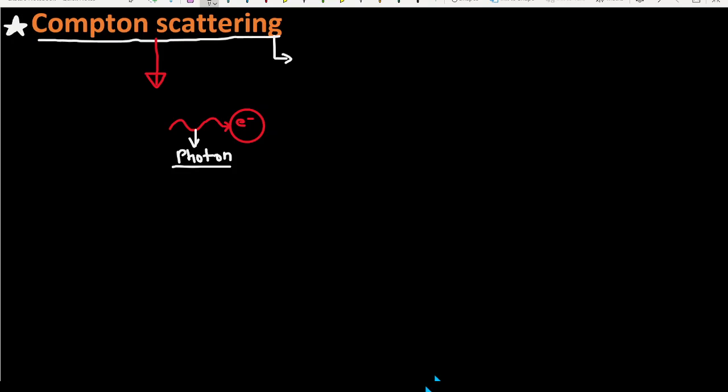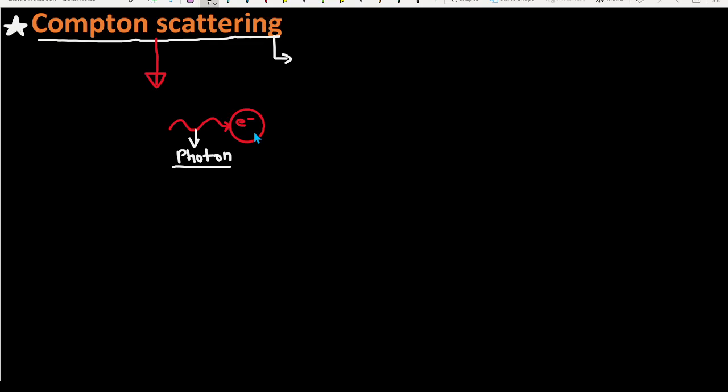In this experiment, we will check what will happen if we try to do a collision between a photon and an electron. This Compton scattering phenomenon is explained well by the particle nature rather than the wave nature of light.